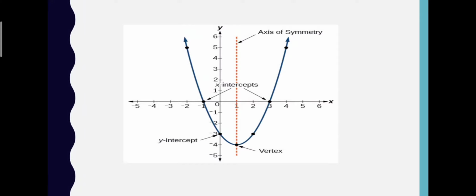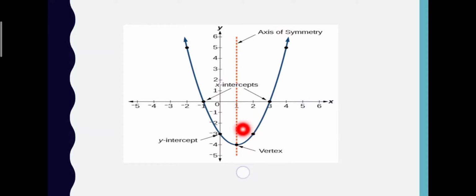Okay, as a recap, this is the parabola, right? Then this broken yellow line is the axis of symmetry. Like I said earlier, the value of h is obtained from the axis of symmetry.